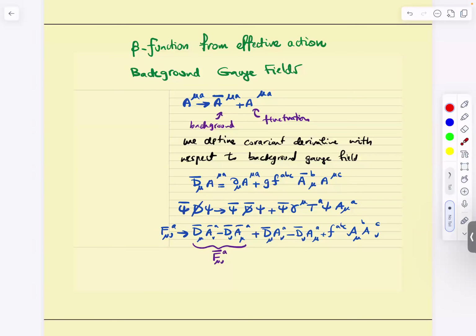So we're going to do that. The reason I'm going to rederive this beta function is that I'm going to do it using background gauge fields. First, I'll explain what background gauge fields are. On top of that, it will give you a better idea of how to generalize this to more complicated theories without really doing loop integrals much.